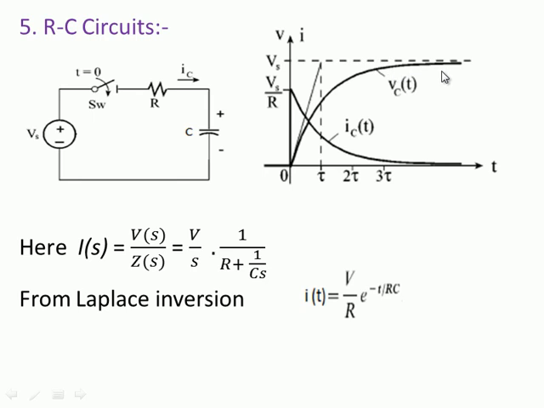We will talk about the capacitor. Now, if you see at t equal to 0, the capacitor acts as a short circuit to the DC source.